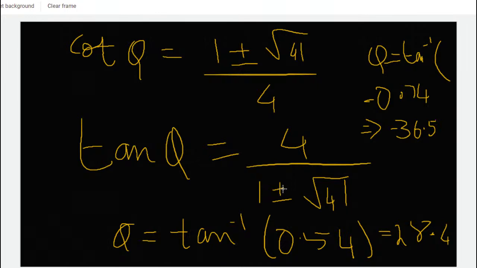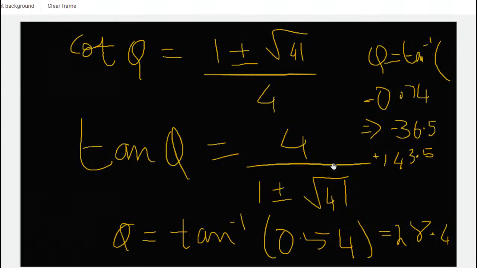Okay, and so it's tan, so 143.5 plus 180. Minus 36.5, comma 143 plus 180. Yes.